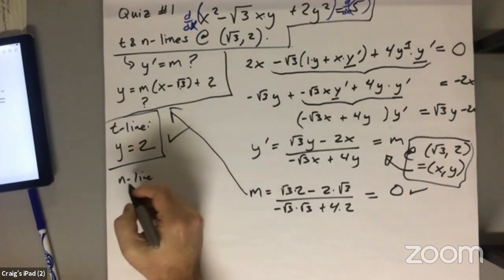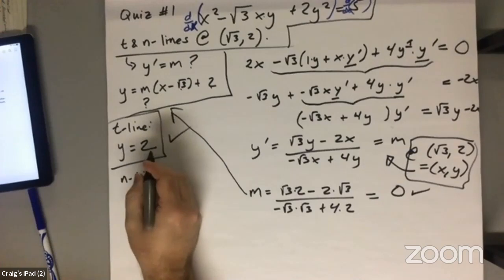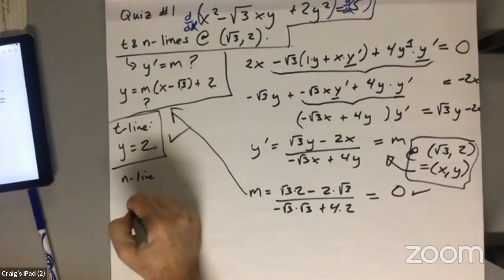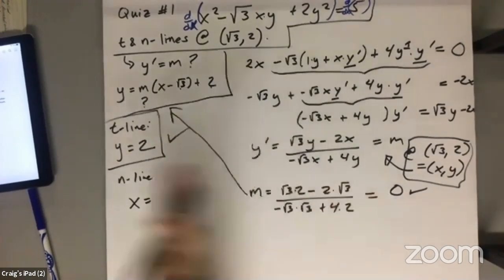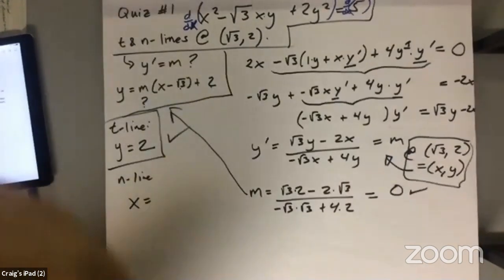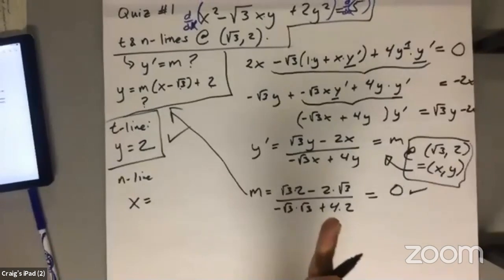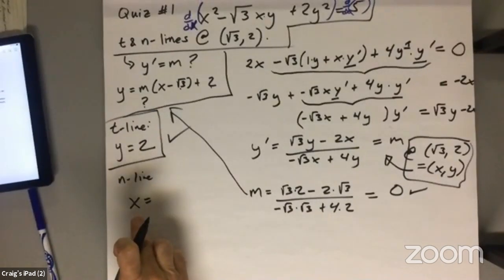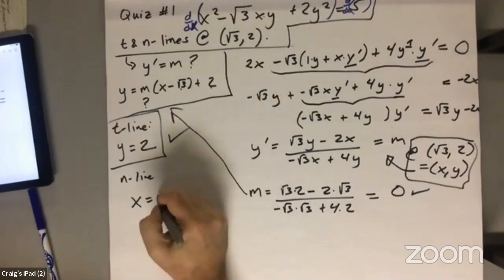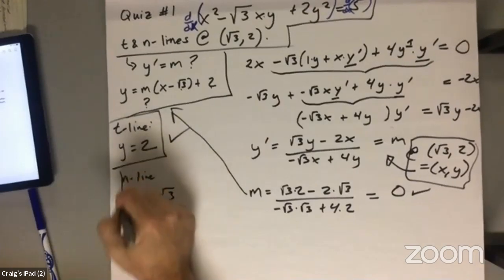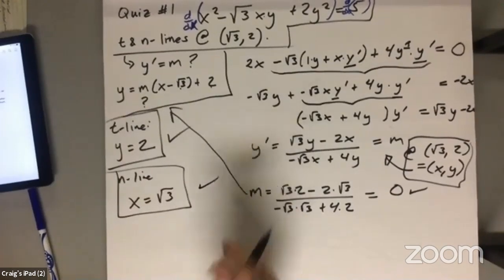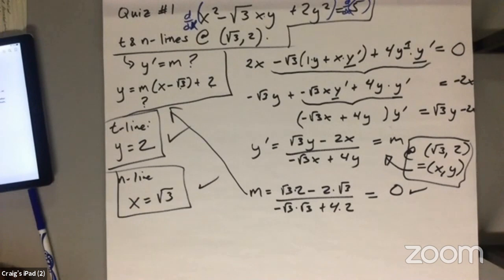And so the normal line is not y equals anything. It's just the vertical line x equals a constant. Just like here, y equals a constant for a horizontal line. A vertical line is x equals a constant. And x equals a constant, which constant? Well, that's the one. Okay, so that's how you do that one.